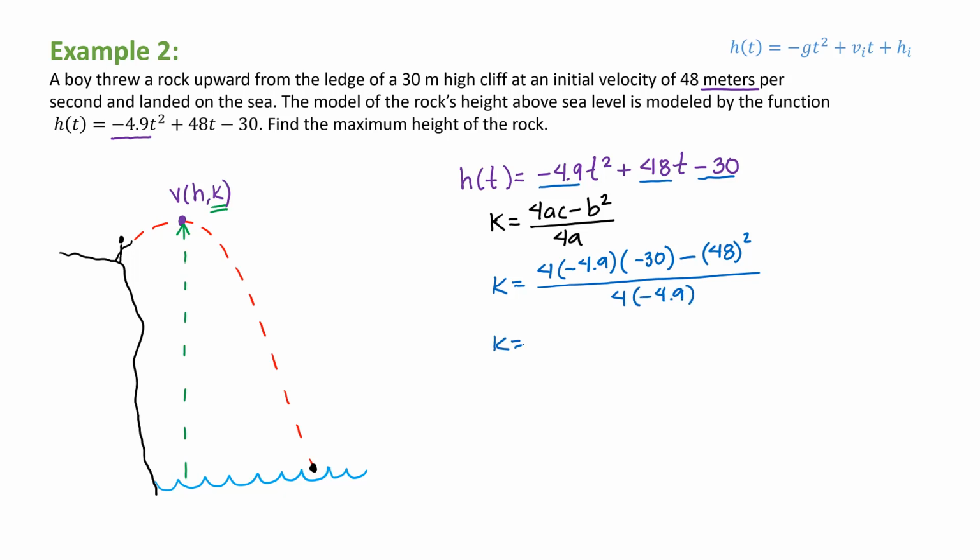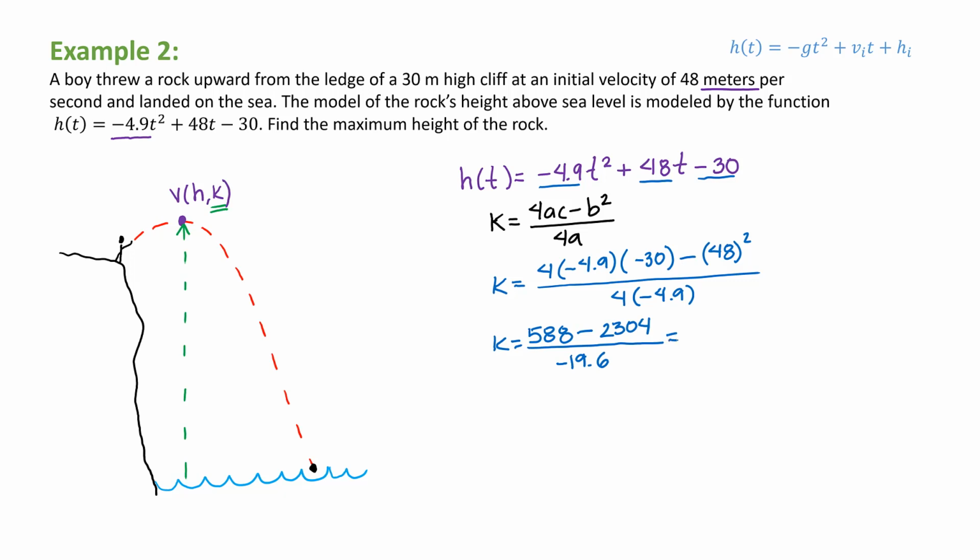Now let's solve. 4 times minus 4.9 times minus 30 is 588, minus the square of 48, which is 2,304, over 4 times minus 4.9, which is minus 19.6.